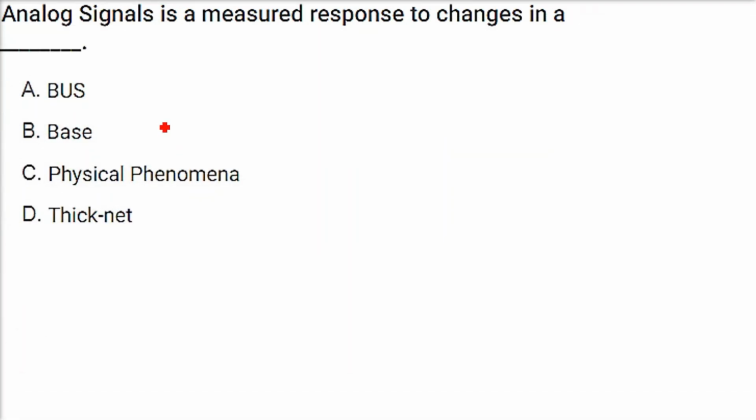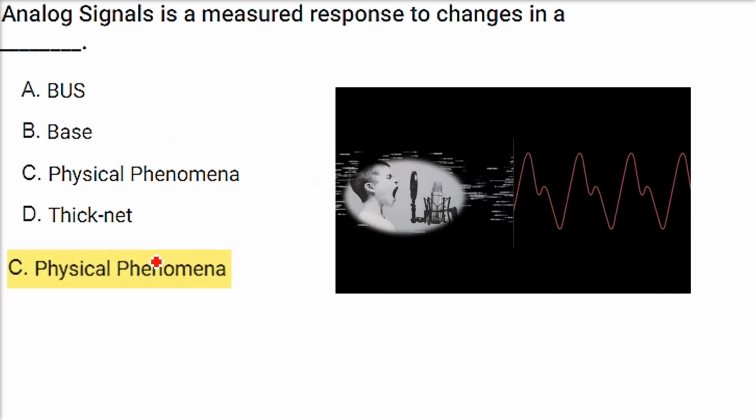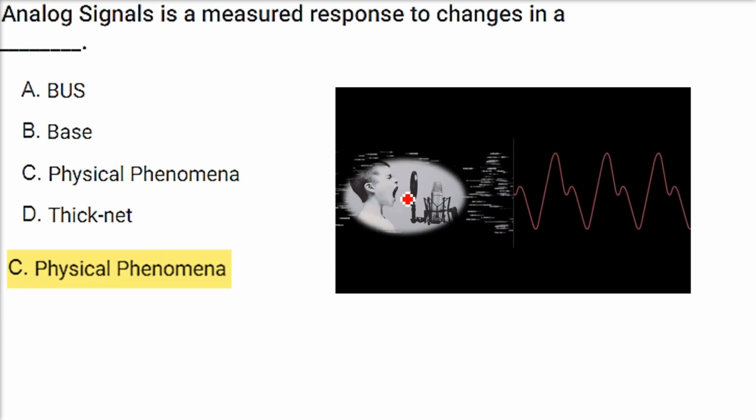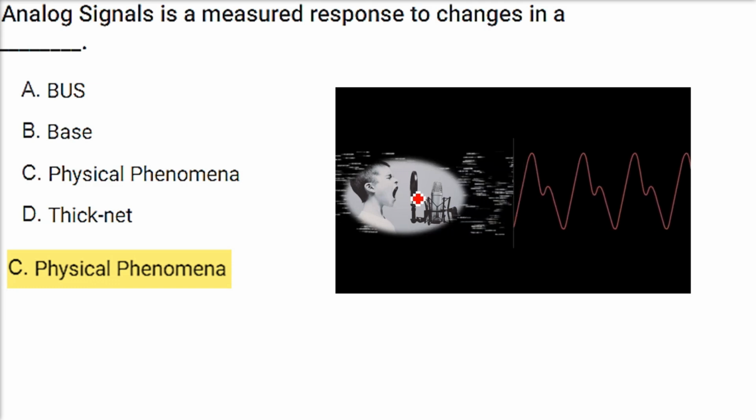Analog signal is a measured response to changes in a physical phenomenon. The definition of analog signals is based on a physical phenomenon. Everything in the world is analog. So if a kid is singing or shouting, there are certain audio waves.